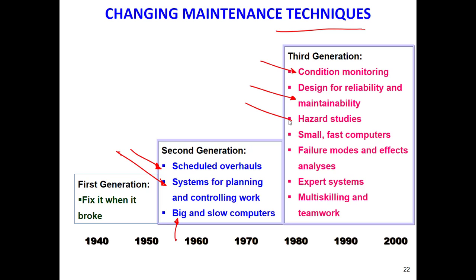There have been many hazard studies, and these days we have very fast and small computers that can be used. There are many analyses, like failure mode and effects analysis, a lot of simulation about that, and a lot of expert systems. There are a lot of people who are experts in this job, who have been educated in different institutes.